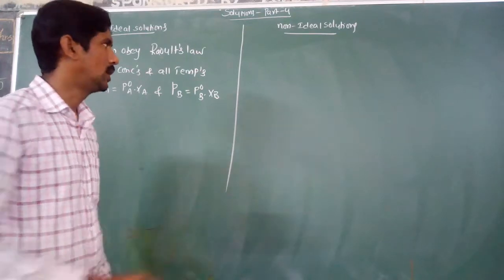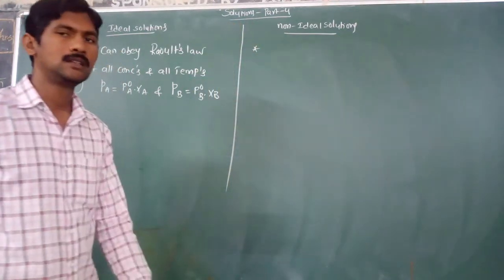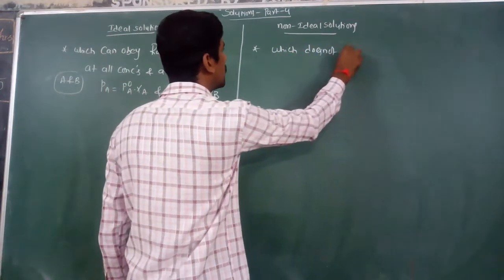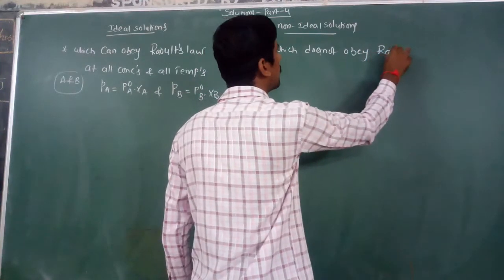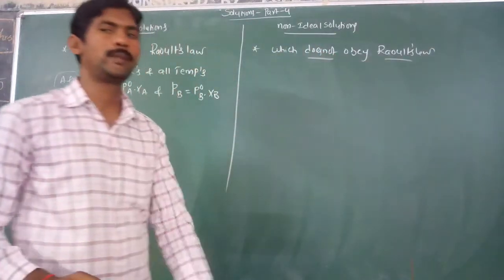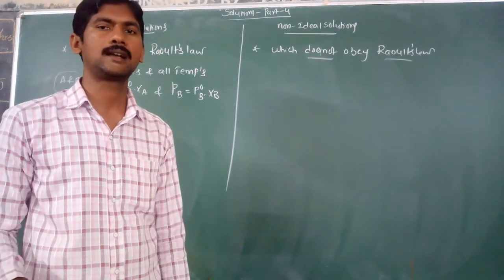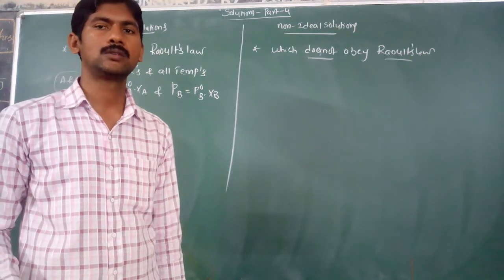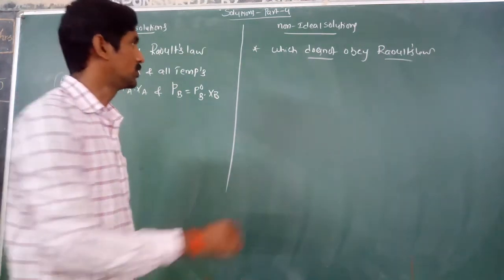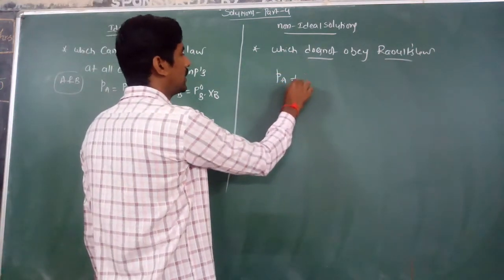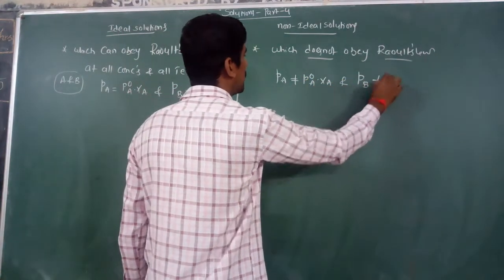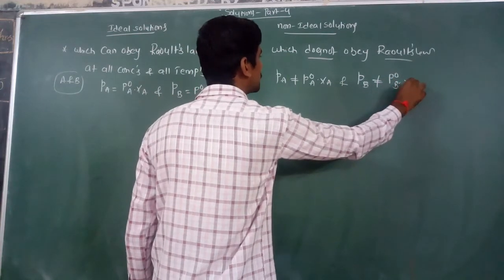Just opposite to ideal solutions, the solutions which do not obey Raoult's law at any concentration or temperature are known as non-ideal solutions. This means that PA is not equal to P naught A into XA and PB is not equal to P naught B into XB.